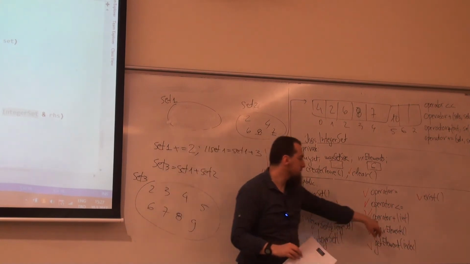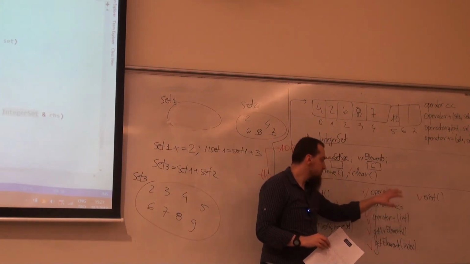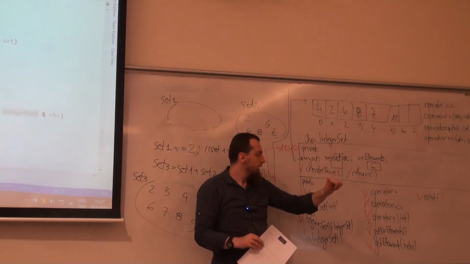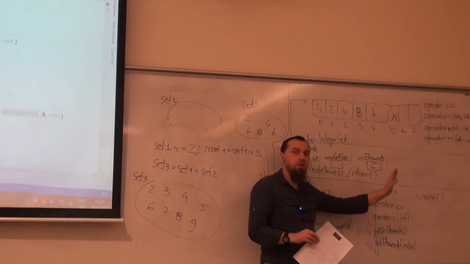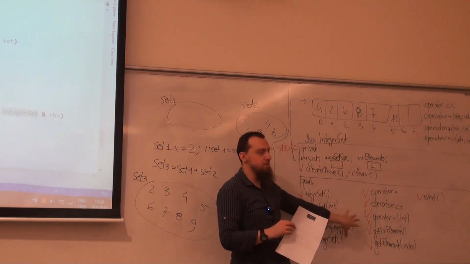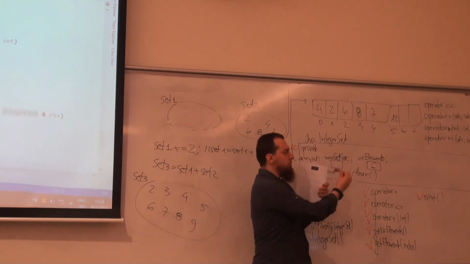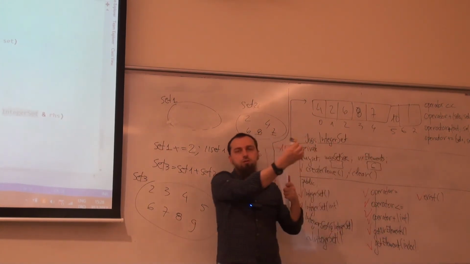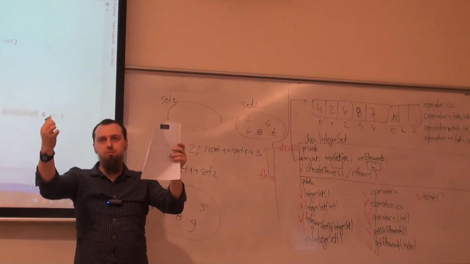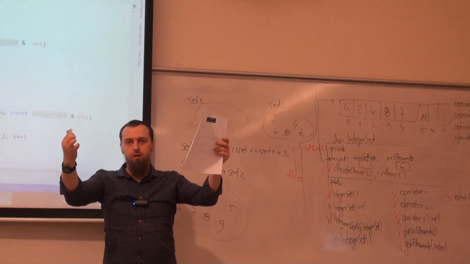At the previous operator plus, this was a member function. And when it's a member function, the left-hand side is always itself, meaning the set. So left-hand side is the set, and the right-hand side is a number. Here it is vice versa. Right-hand side is a set, left-hand side is a number.